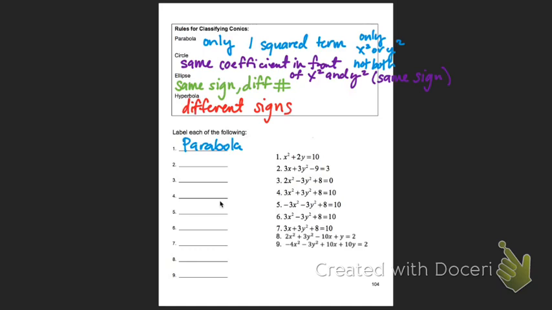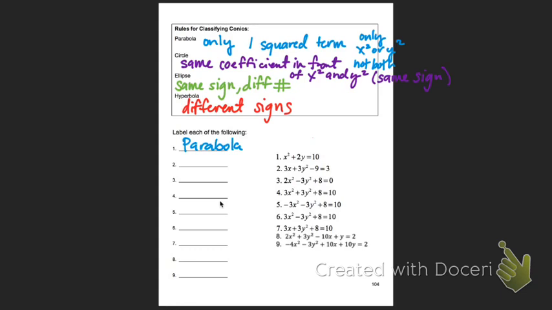It could be the same or different number, but like David just pointed out, 3 and -3 are technically different numbers. It needs to be the same sign. Thank you. Okay, so we said that number 1 is a parabola.